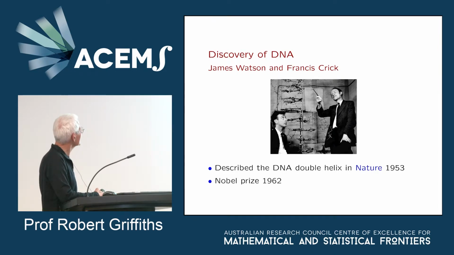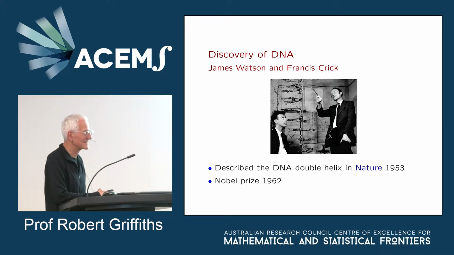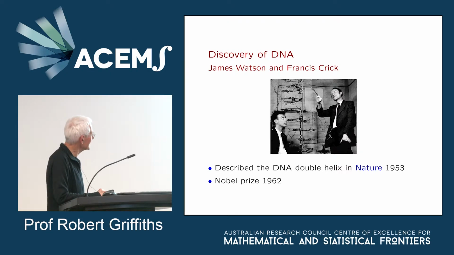Then what happened here? DNA came along, the discovery of DNA. And so that changed things quite a bit. So you could actually look at a very fine level about DNA. And here's James Watson and Francis Crick, who won the Nobel Prize in 1965 for describing the DNA double helix.